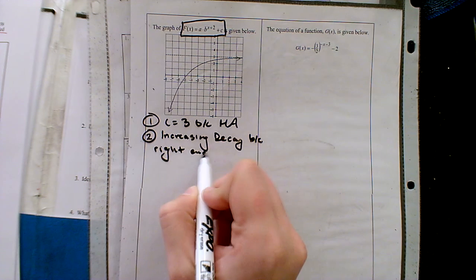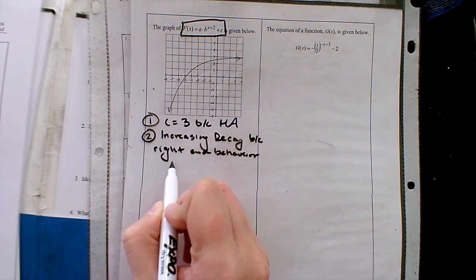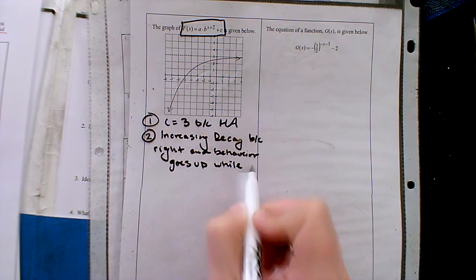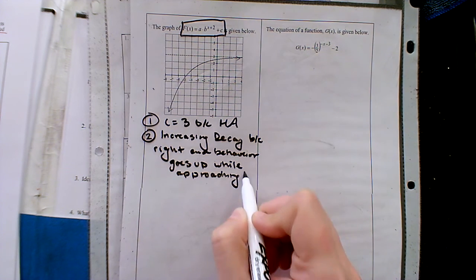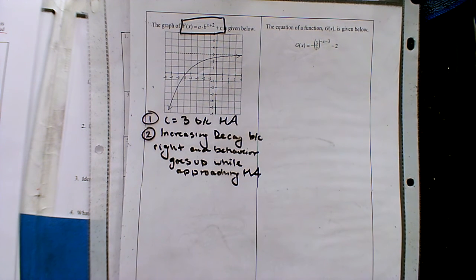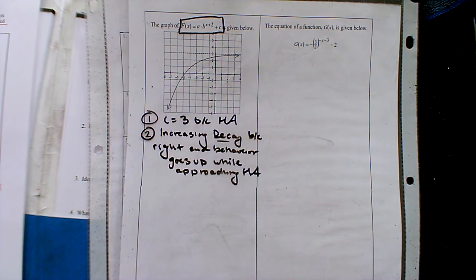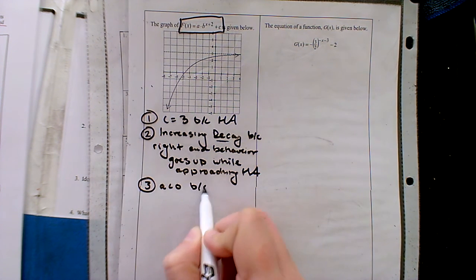All right, right end behavior goes up while approaching horizontal asymptote. So the goes up part is the increasing, approaching horizontal asymptote is the decay. You have another one, Carter? A is negative. Because? Below the horizontal asymptote. There we go.